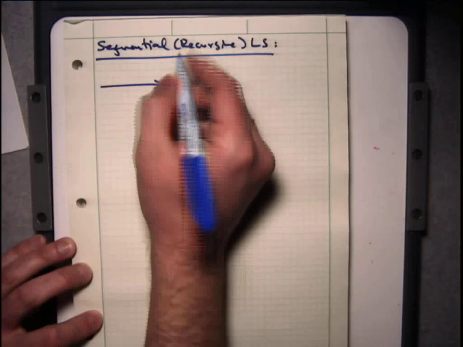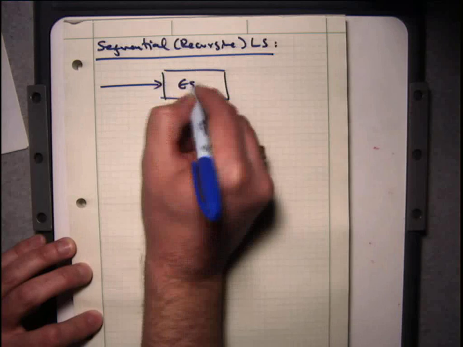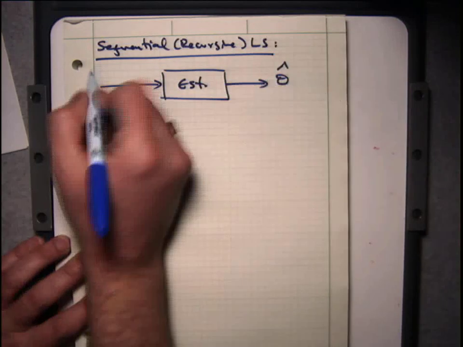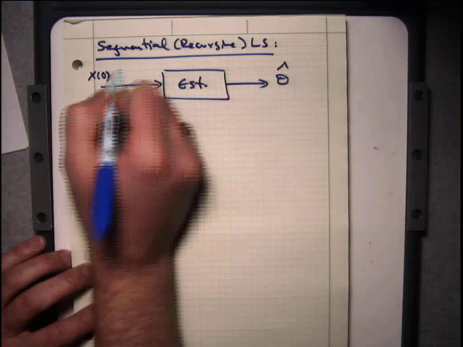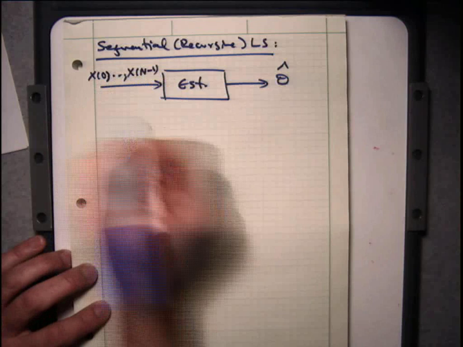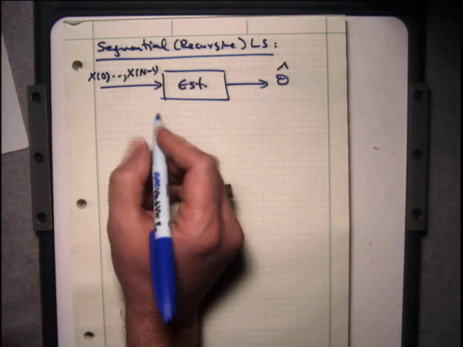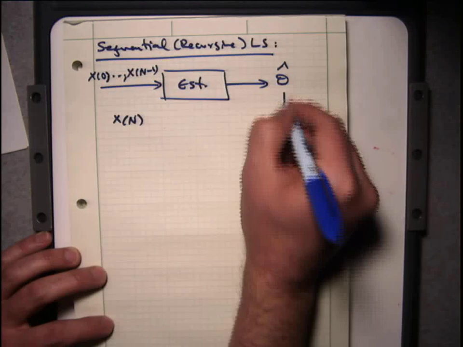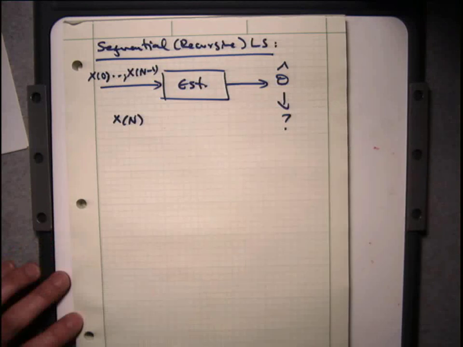All right, so let's take a look at this in a very general sense. Suppose we have an estimator, and it pops out an estimate. Suppose we have x0 through xn minus 1. And now suppose I give you another data point, xn. Then what do you do with this? How do you update it?